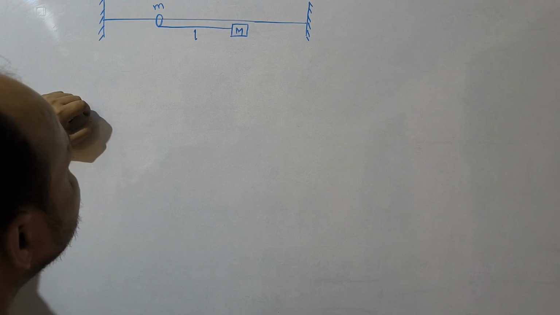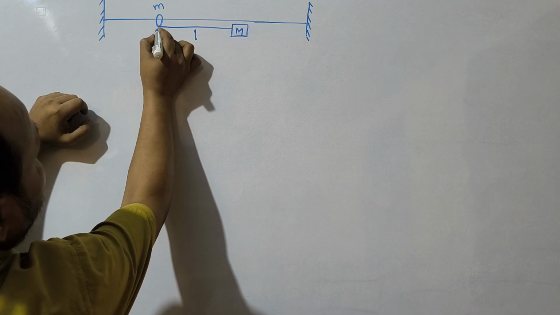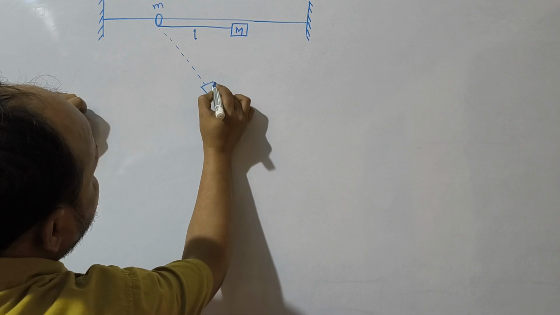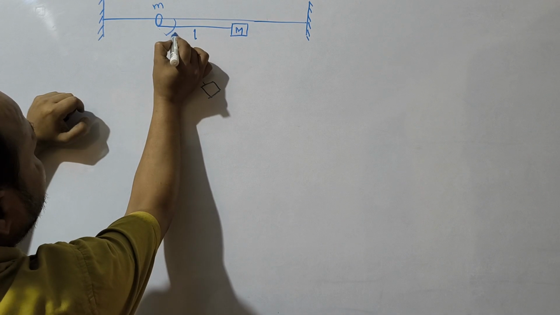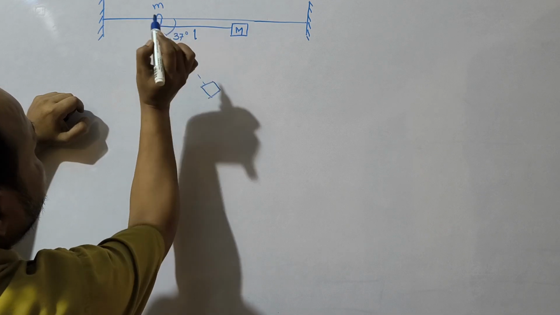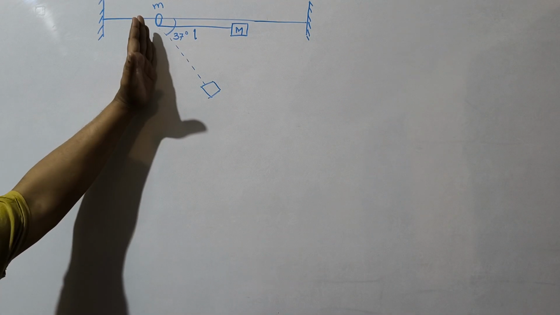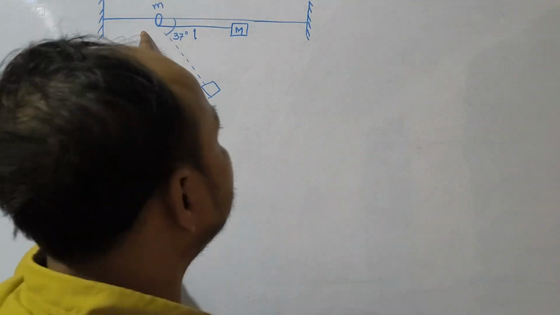When this string will be at some angle, let's say 37 degree from the horizontal, find the shift of the bead.